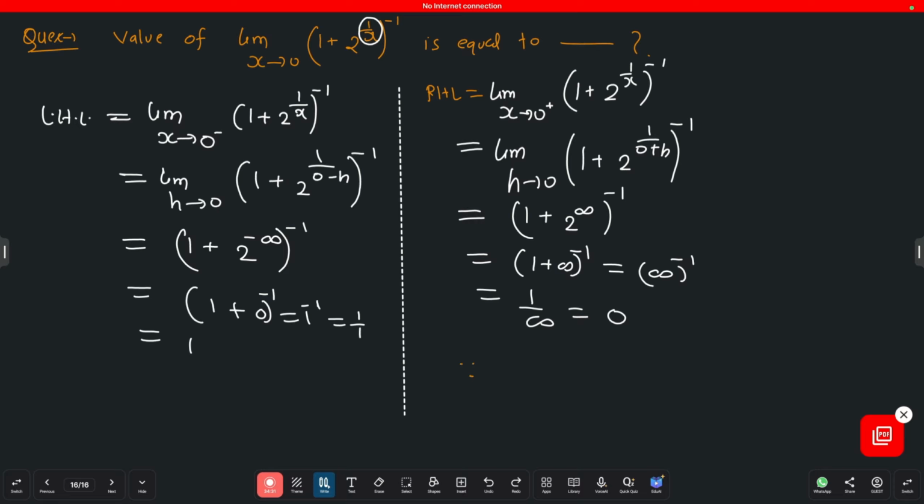Okay, since L.H.L is not equal to R.H.L, therefore the limit does not exist. Okay, limit does not exist.